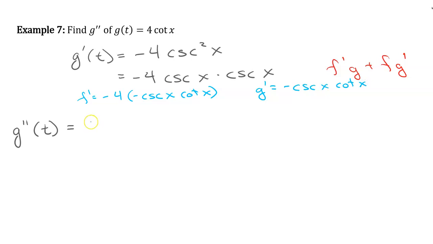Okay, so f prime, let's do this. So 4 cosecant cotangent times g, which is cosecant, plus f g prime.